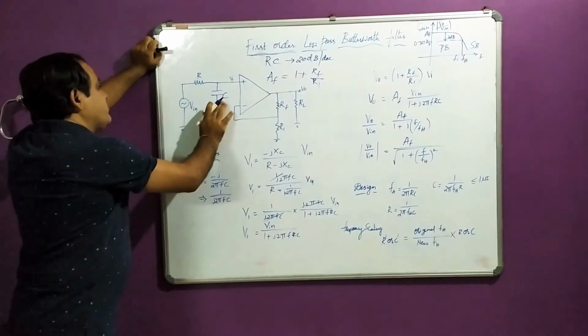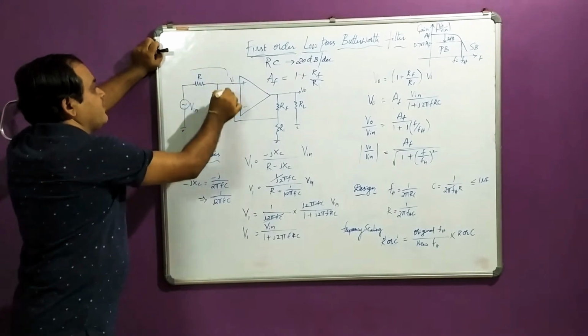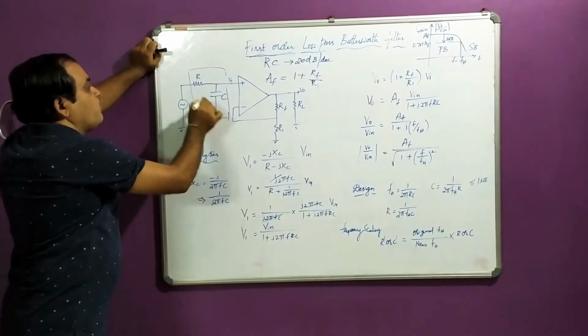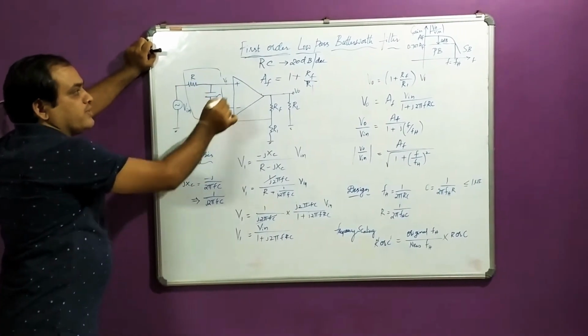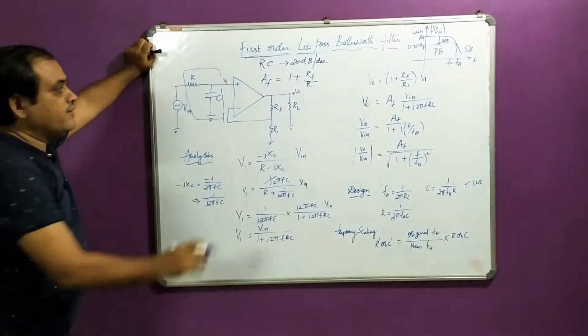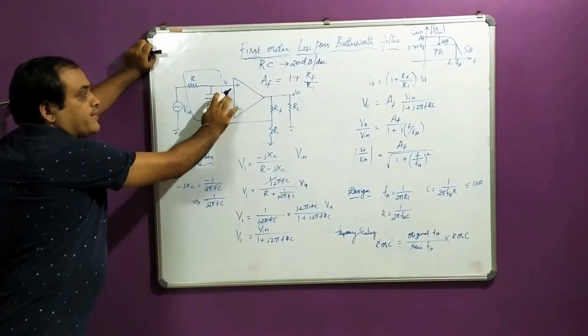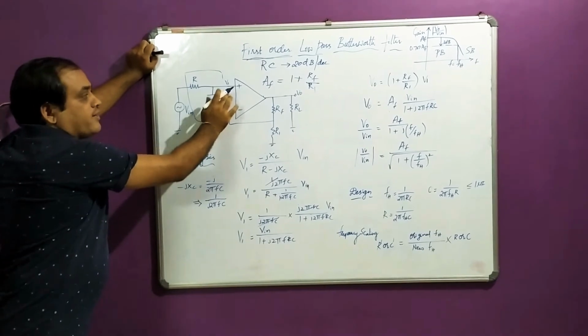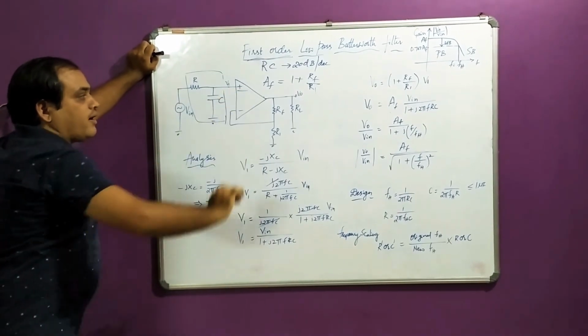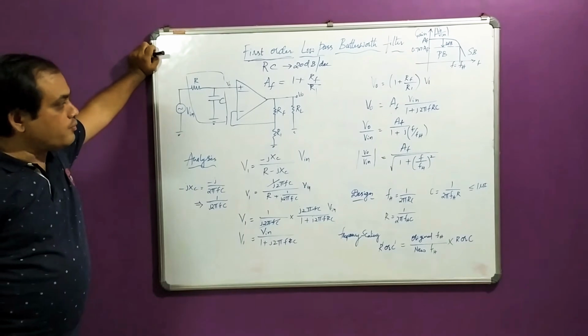Now as soon as I introduce a capacitor, just see this diagram. It is one RC network producing a first order low pass filter at the input side, applied to the non-inverting terminal of the operational amplifier.